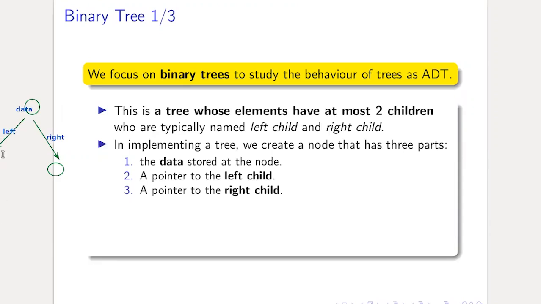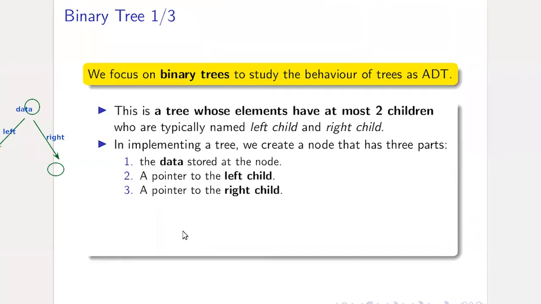Now, if I don't have a left child, this pointer would be none. There is no value given to the variable which stores the left child, and similarly the right child. In that case, this would become a leaf node, which means no more children.